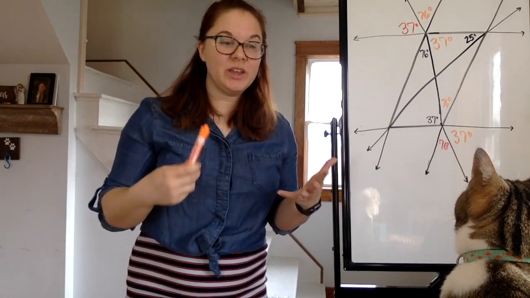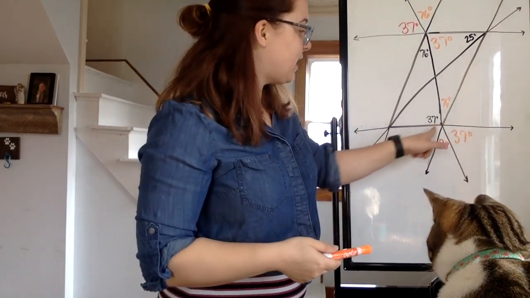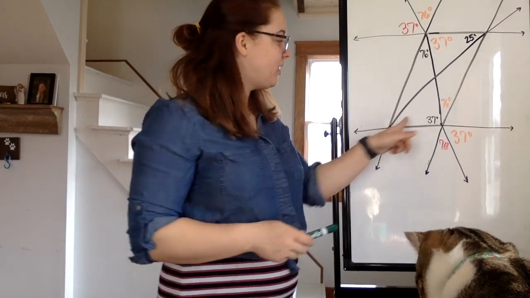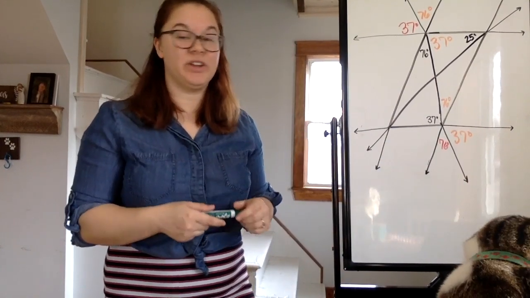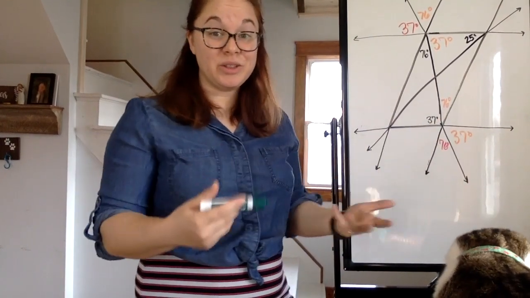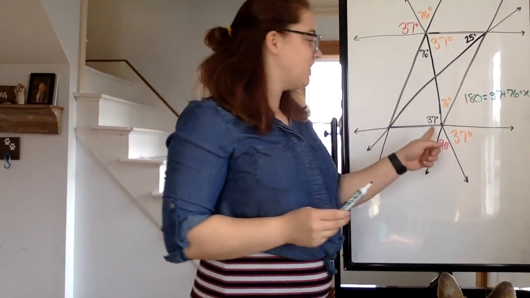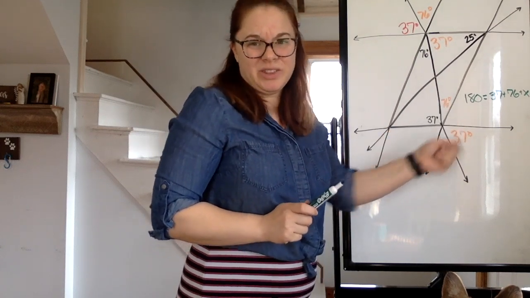So finally, we can use the idea of supplementary angles to figure out the last angle here. So I know that these 3 angles together are 180 degrees. So I'll use a little bit of algebra to solve it. So I know that 180 degrees equals 37 plus 76 plus whatever this is.